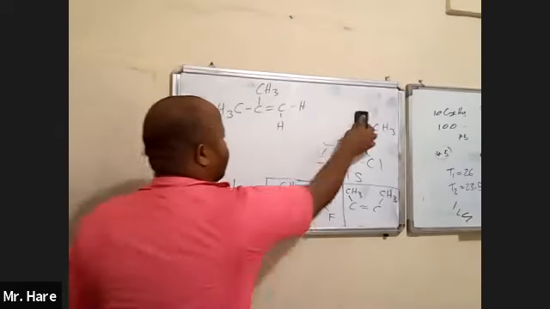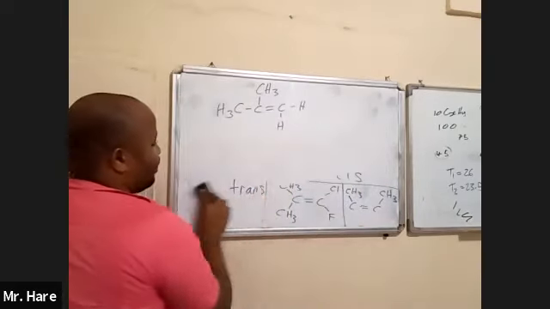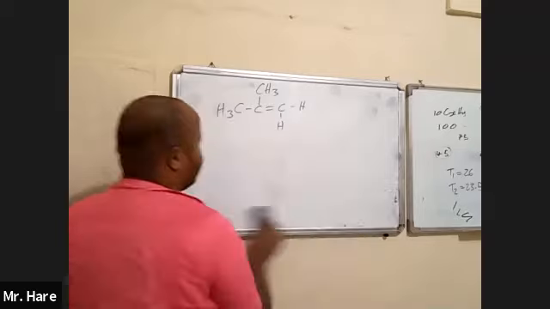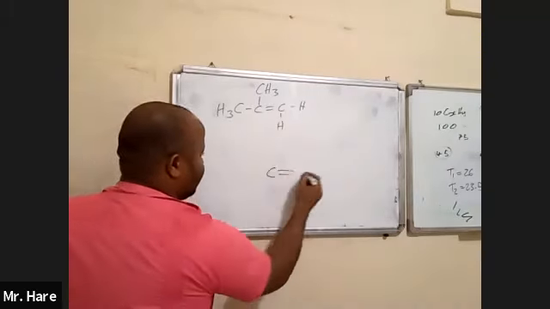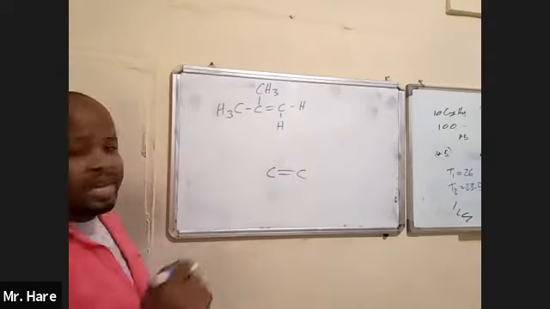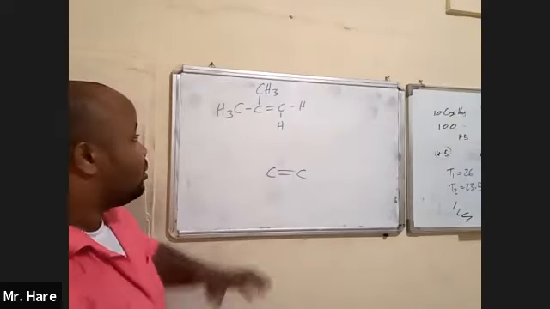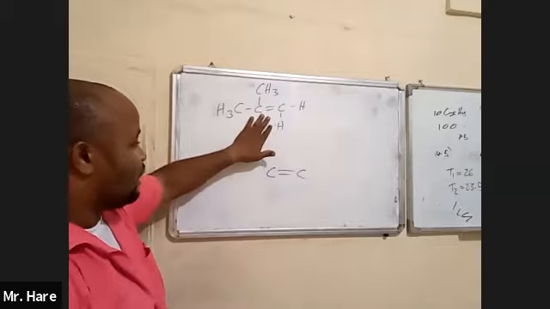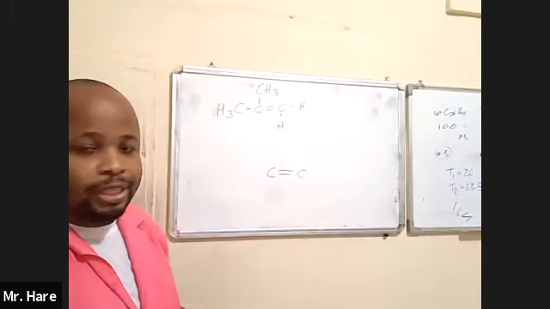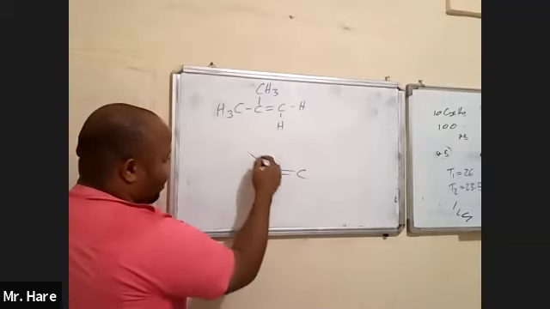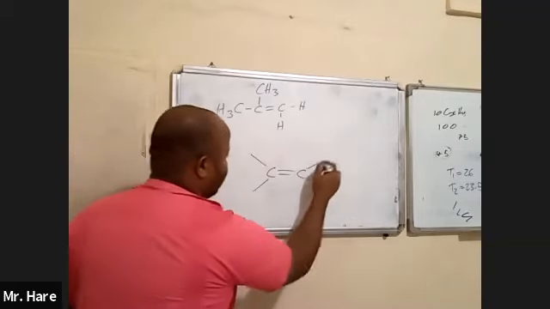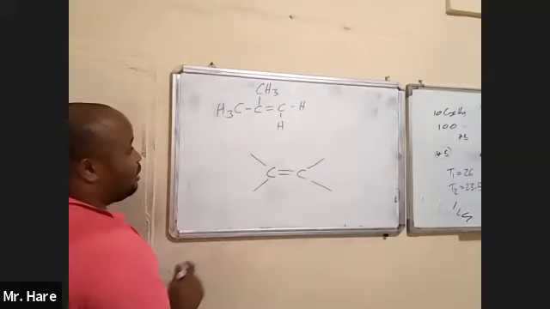No, sir. All right, so if you're asked to draw cis-trans, and they give you the compound like this, you draw the carbon-to-carbon double bond, and then you set it like that.